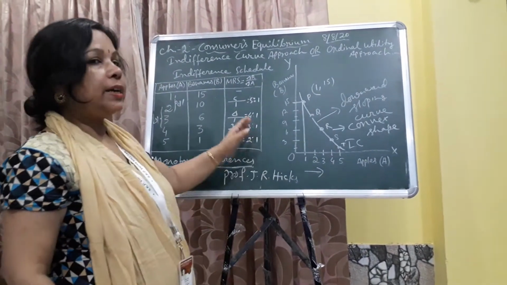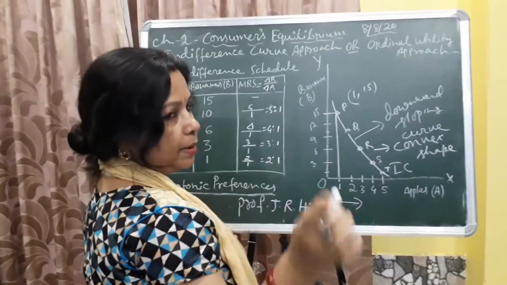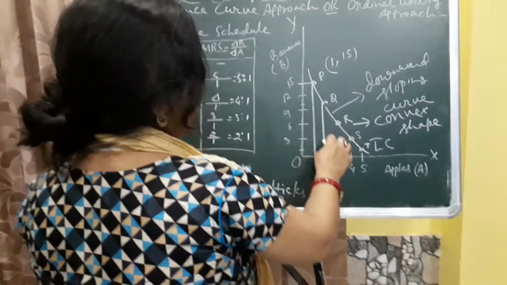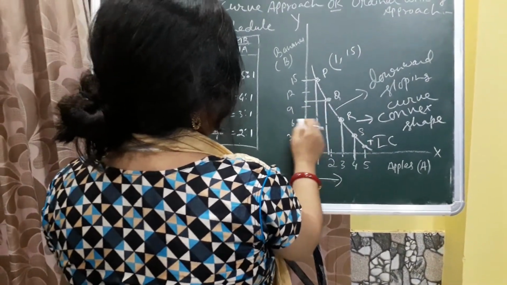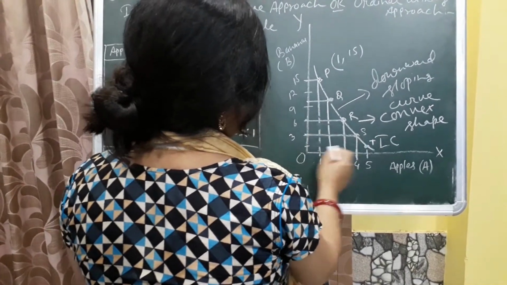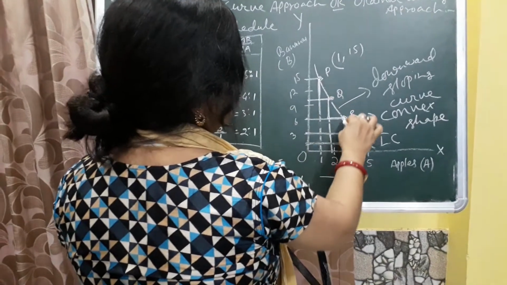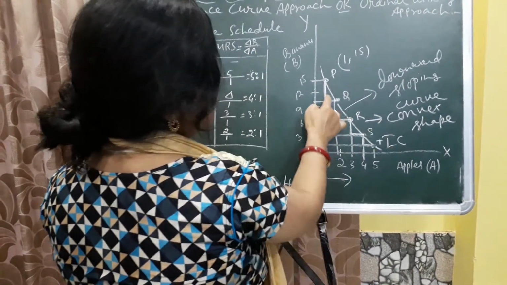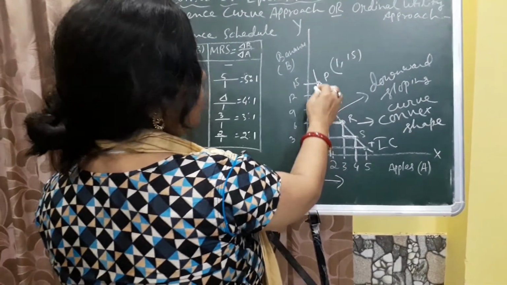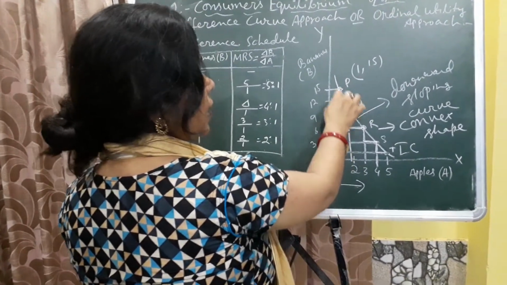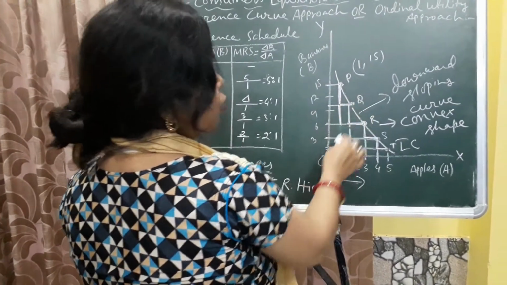So now why convex? Because here 5, 4, 3, 2, as I told. Now make a line in such a way. We have seen that this represents slope. This means an extra 1 unit, and this means decreases: 15 to 10, 10 to 6.